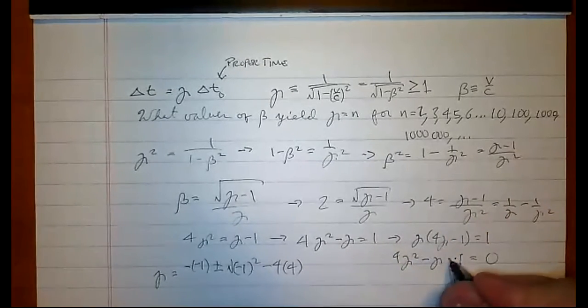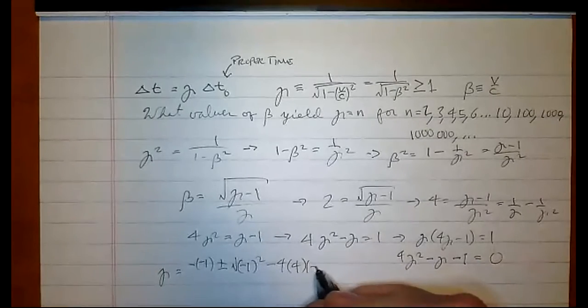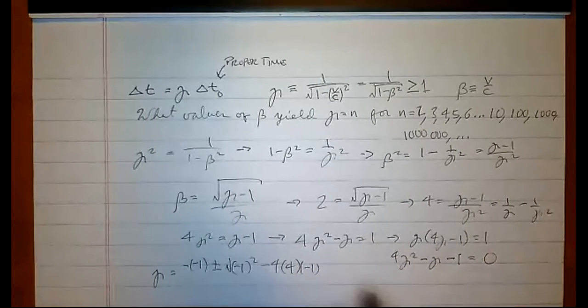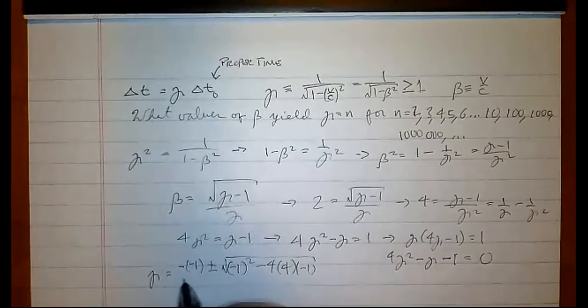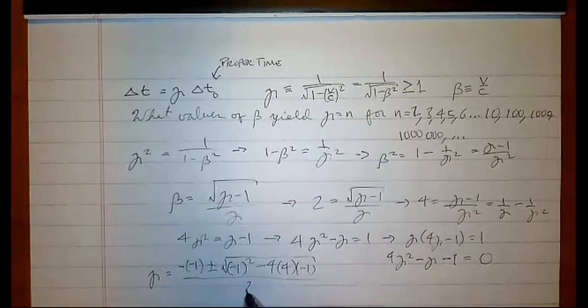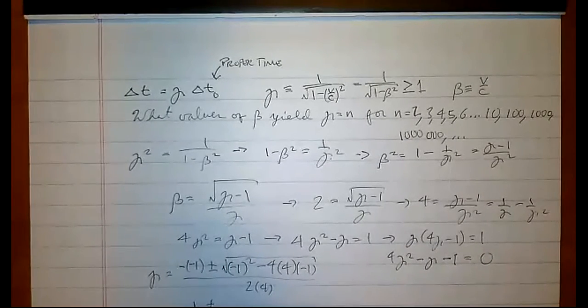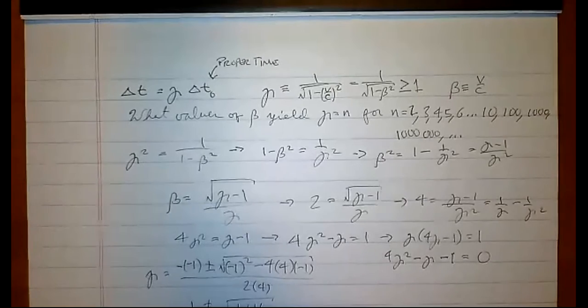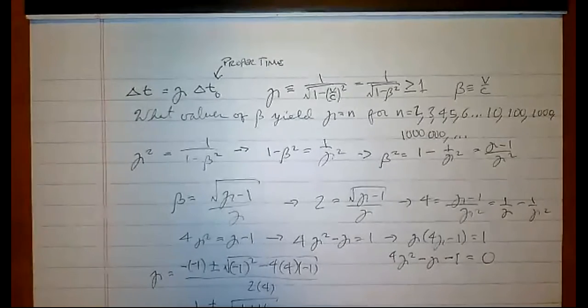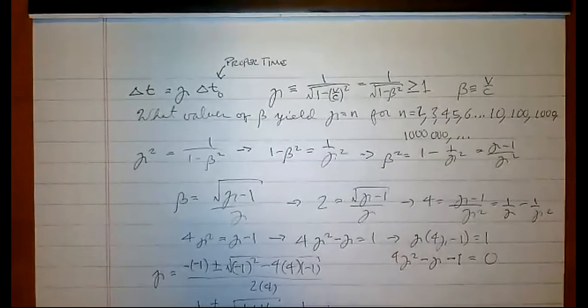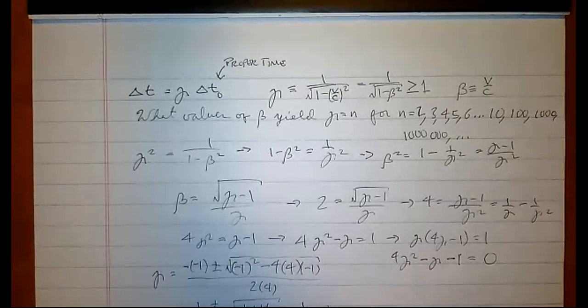Still looking like a positive over here, times negative 1, which is good because it keeps us from getting the negative under the square root, over 2a, this should be 2 times 4. So I can get 1 plus or minus the square root of 1 plus 16 over 8. So it's 1/8 plus or minus the square root of 17 over 8.